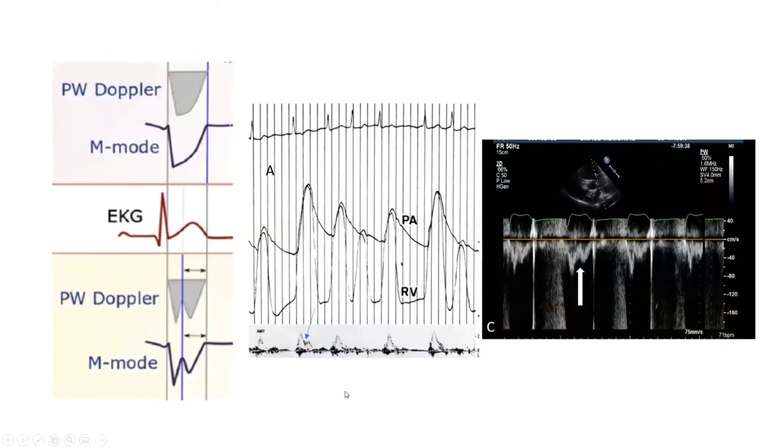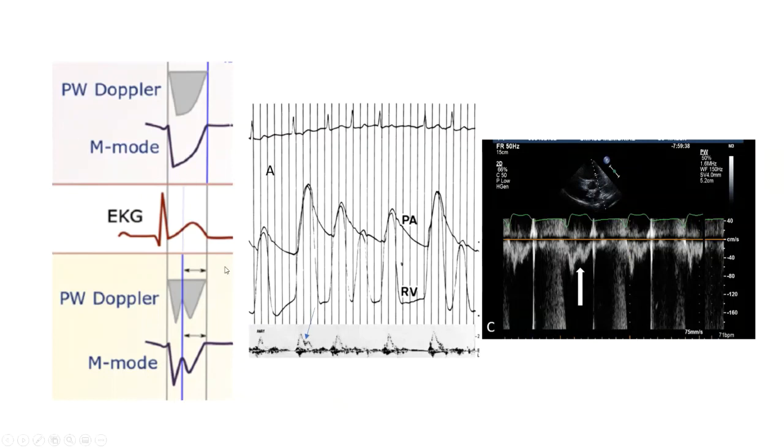This is from an editorial that Matt Parker and I put together for JASE that should be coming out reasonably soon. It's been known for some time, since the 80s, in work by Akita Bataki from Japan, that a notch in the pulmonary valve envelope can be seen with elevated pulmonary artery pressures.